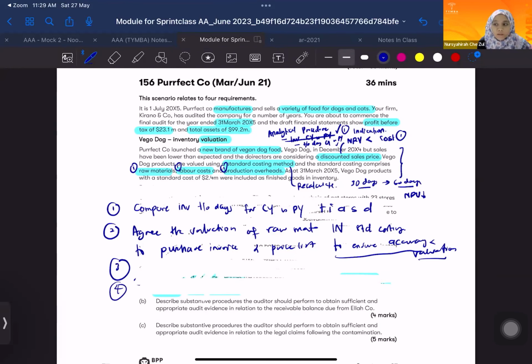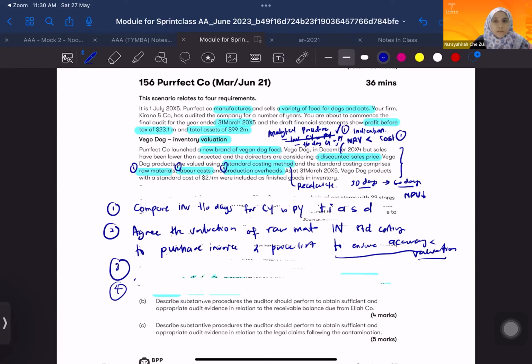For production overhead, as auditor, our concern is that we want to make sure all overhead costs are directly attributable to the production. So I think you can use Hasnul's answer number two: he obtained breakdown for overhead costs from the management or management accountant to ensure that the cost in overhead is directly attributable, sorry, not attributable to overhead, directly attributable to the production.